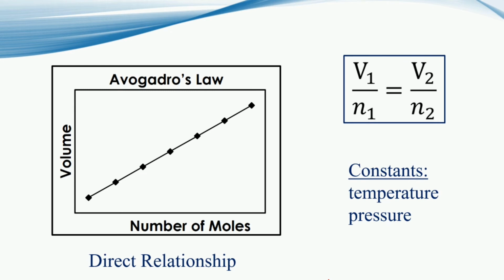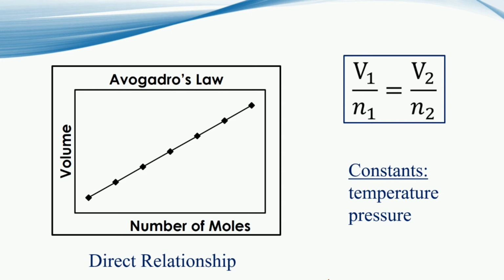So they're not moving faster, they're not moving slower, and yet they're still hitting the walls of the container with the same pressure. Then if we continue to add more and more particles, then in order for the temperature and the pressure to not change, we have to modify the volume. So the more particles, the greater the volume has to be, because we cannot have an increase in pressure or an increase in temperature, or vice versa for decreases.